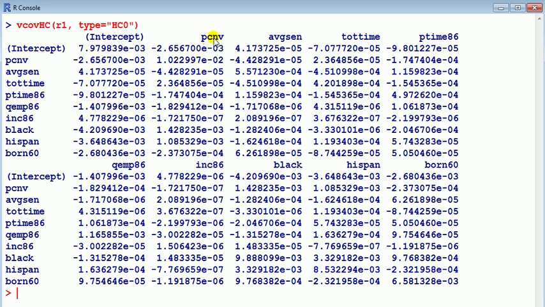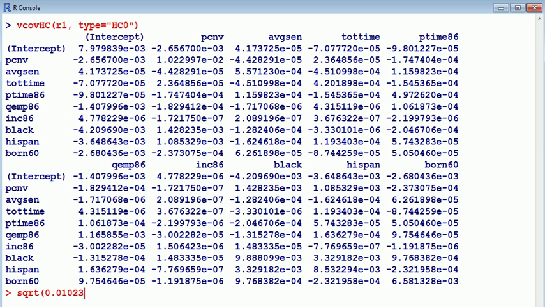So for PCNV, that is 1.022 times 10 to the minus 2. But remember, that is the variance. So if we want a standard error, we want to take the square root of that. So if we take the square root of that guy, we get 1.023, say.